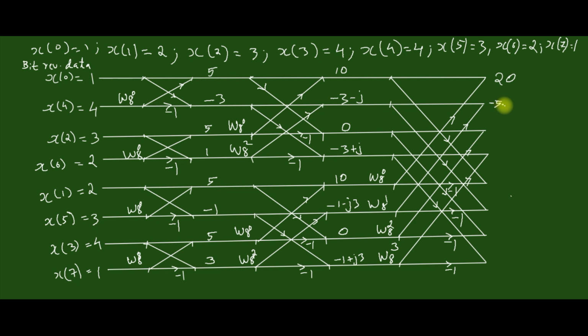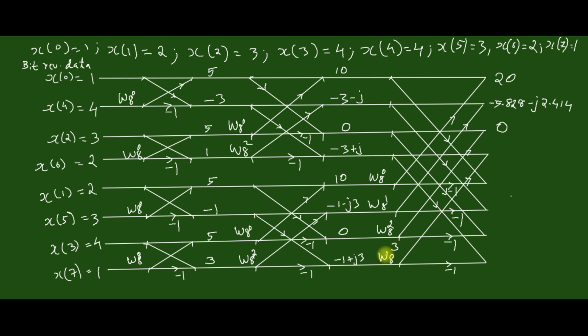Then these two are summed, and you will be getting the value as minus 5.828 minus j 2.414. In a similar manner, you can get the output here, it is 0 and here again 0. So the output will be 0. Now this value means minus 3 plus j plus the minus 1 plus j3 into w8 raised to 3.